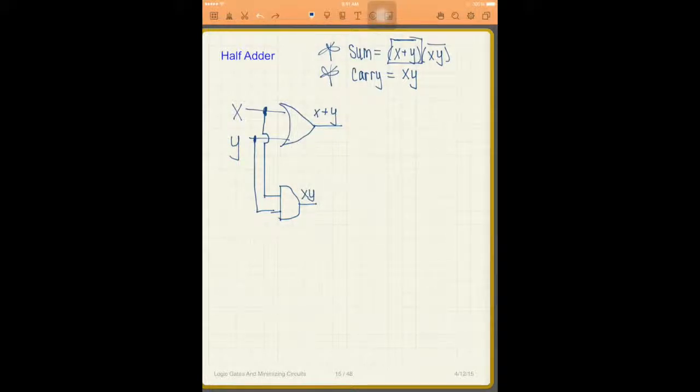But now I need it to be complemented. Okay, so that's that part, but now we need to take them both together and get those multiplied. So there's your AND gate. So this output is going to be the sum as listed up here.